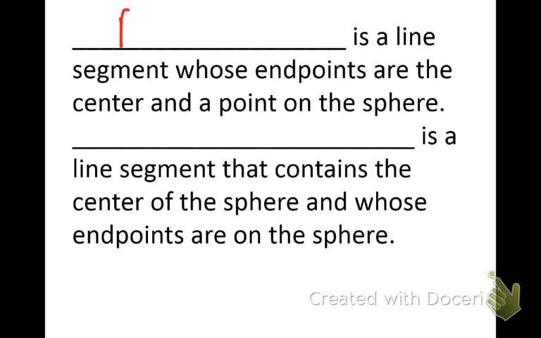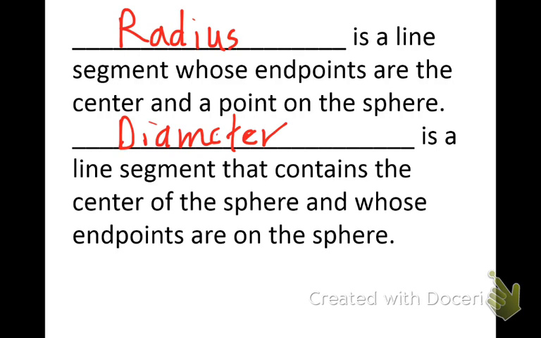Radius is a line segment whose endpoints are the center and a point on the sphere. A diameter is a line segment that contains the center of the sphere and endpoints are on the sphere.